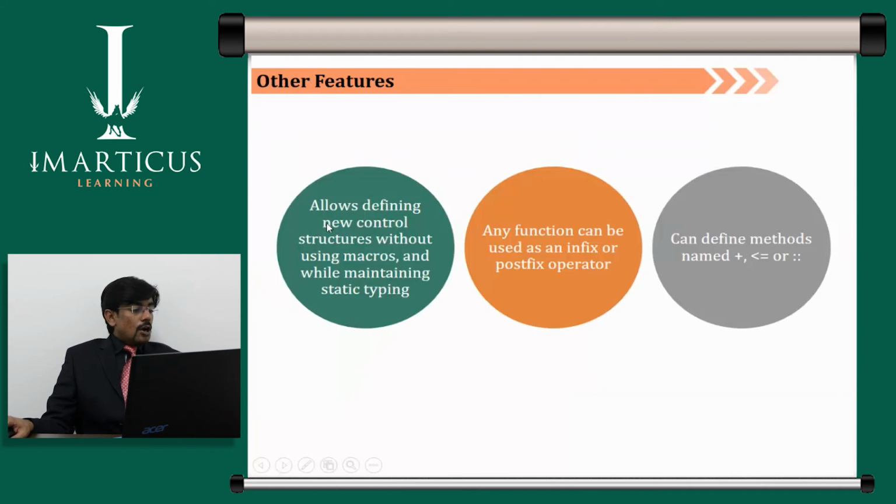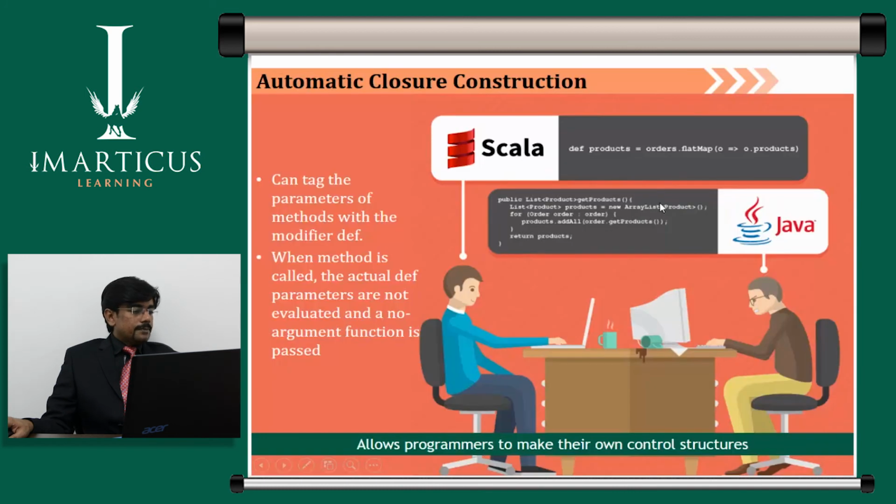Some other features: you can also define new control structures without using macros while maintaining static typing. Any function can be used as an infix or postfix operator. You can define methods named plus, less than, equal to, or colon. So a lot of other features Scala has.